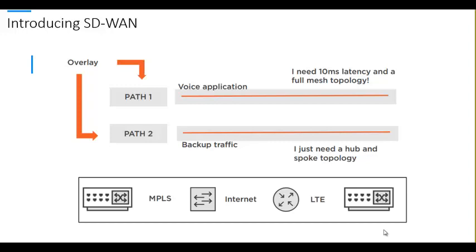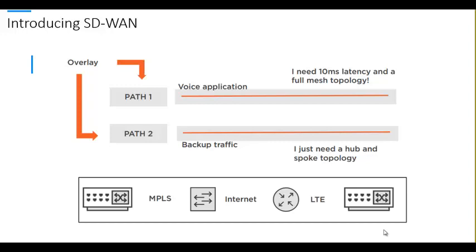GRE is an overlay. IPsec is an overlay. Frame relay is an overlay. EoMPLS is an overlay. VXLAN is an overlay. EVPN VXLAN. In all this, what we used to do is tie the application to the link.